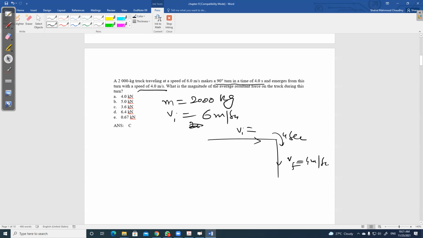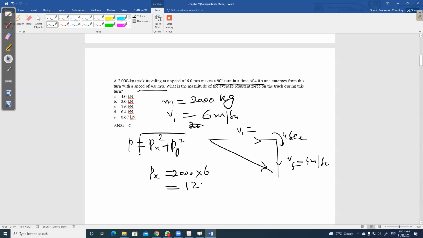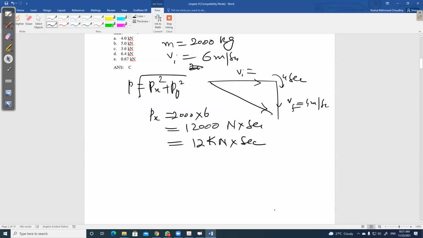Now he is asking, what is the magnitude of the average resultant force? To find the resultant force, first you can find the resultant momentum. The resultant momentum is the square root of px squared plus py squared. px is 2000 multiplied by vi, 6. It is 12,000 newton-seconds, which you can write as 12 kilonewton-seconds.